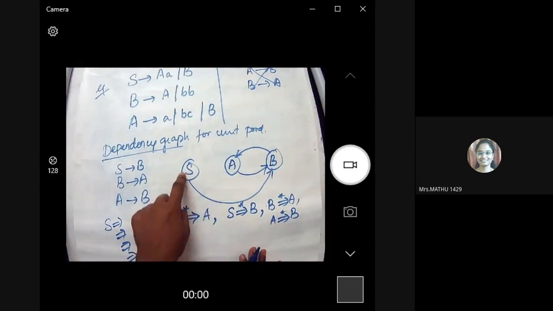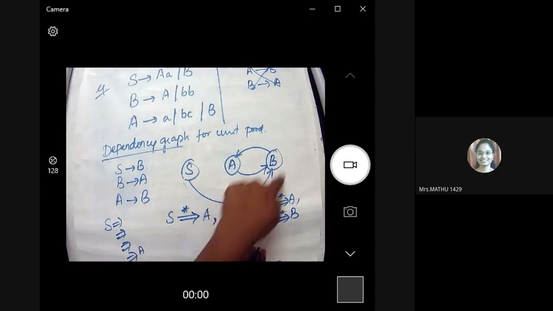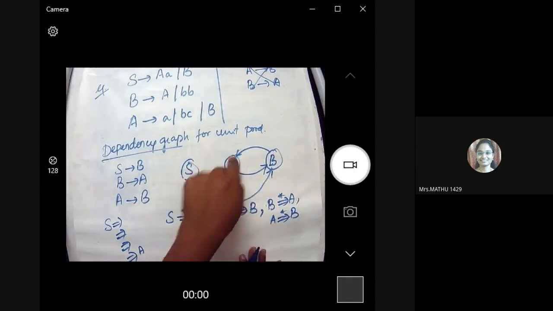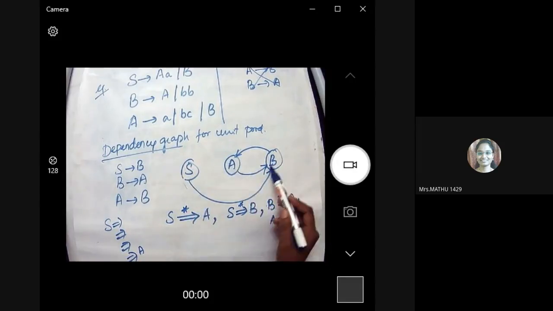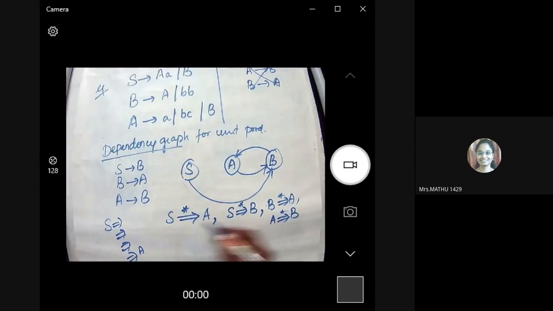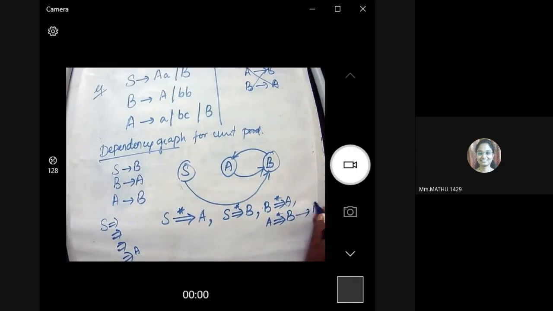From S, there is a walk to B, and also there is a walk to A. From S you will be able to reach A and B, from A you will be able to reach B, and from B you will be able to reach A. So write down these things and make it as equation 1.